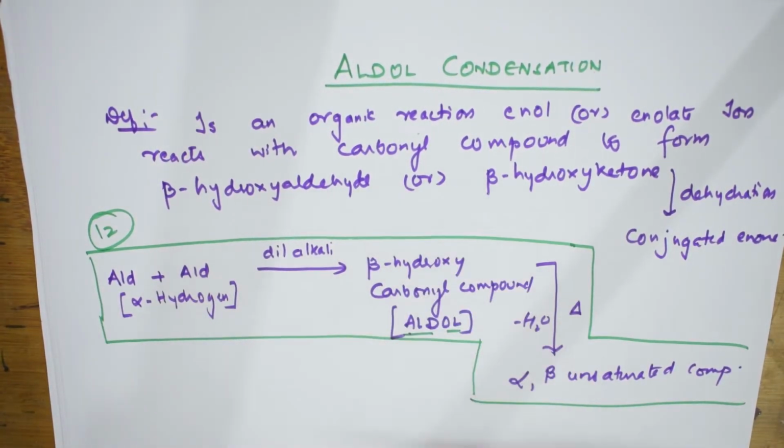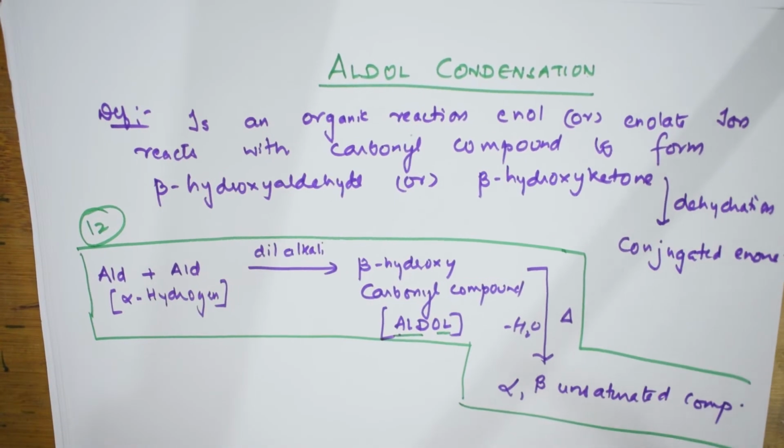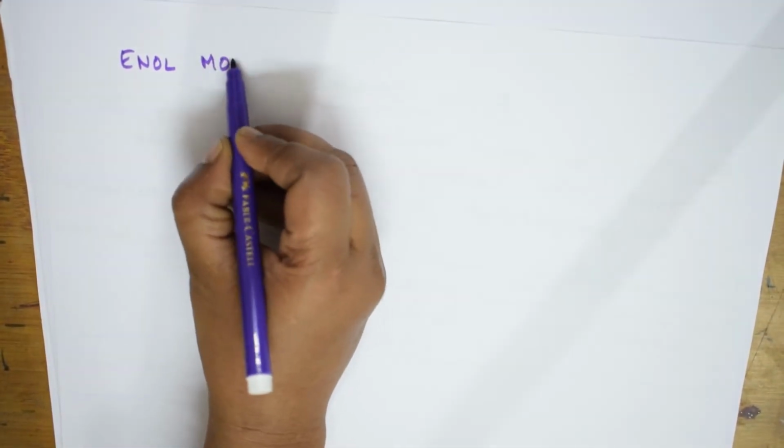But when it comes to this particular thing, remember, as I told you, the aldol condensation process can be either enol mode or enolate mode also, right? So let me write the things. Here you can have enol mode.